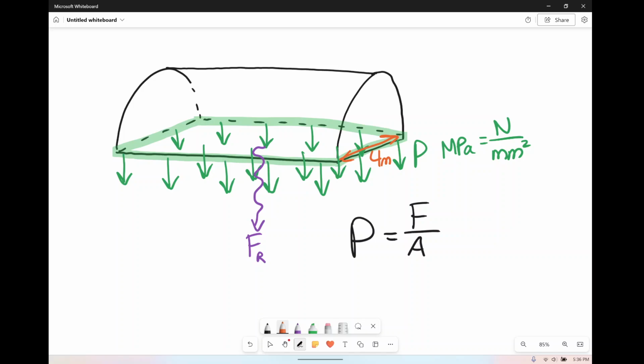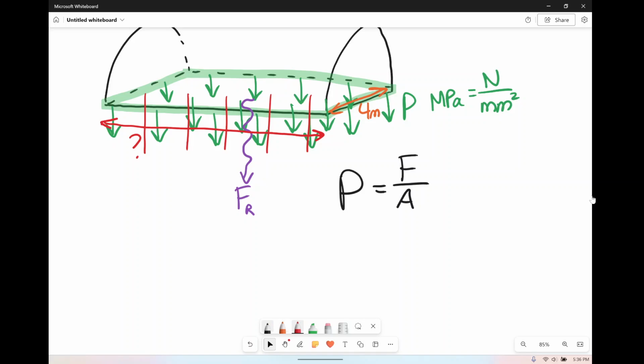Cool, that's the width. What's the length? What's the other direction? What's this way? We don't even know. So we can't even really look at it as an area. Instead, we're going to have to look at it as a per meter interval.